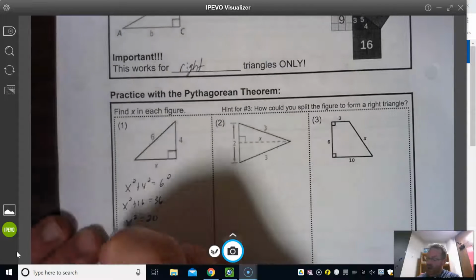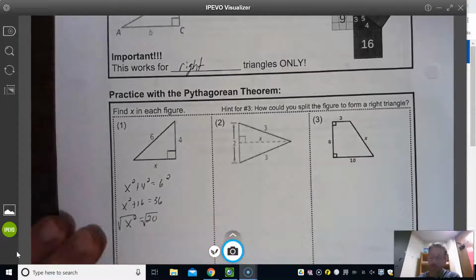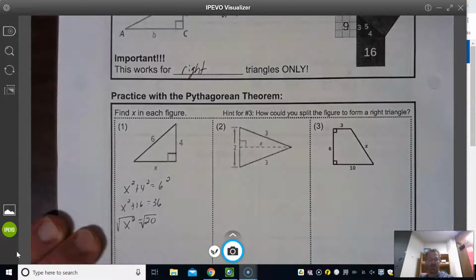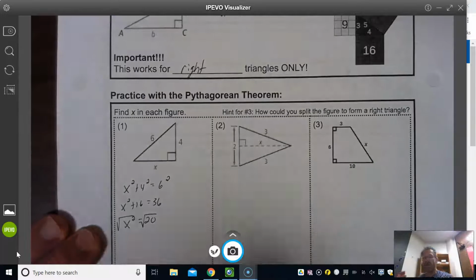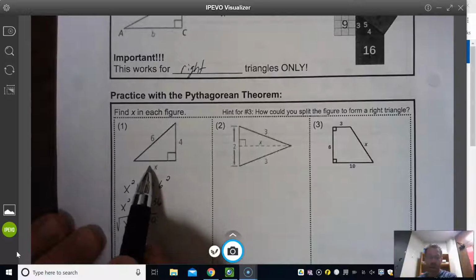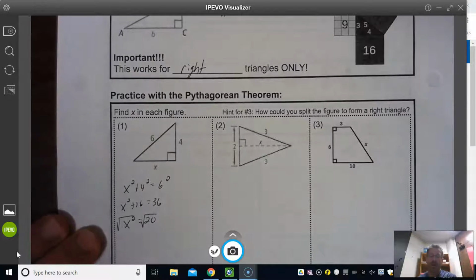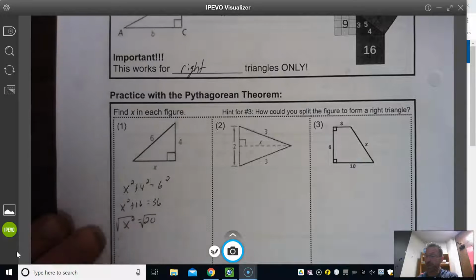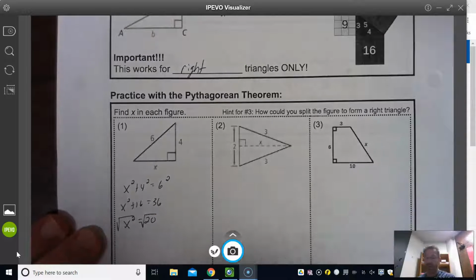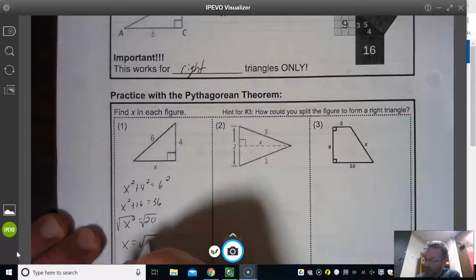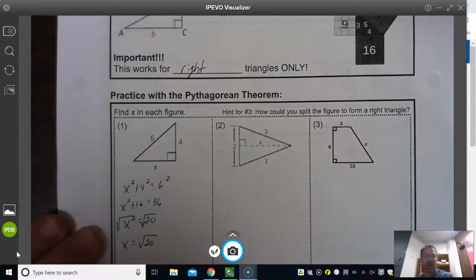Now I'm going to take the square root of both sides. Typically when we solve, we would get a positive root and a negative root. But because we're working with a triangle and finding a side length, we assume we're only working with the positive root. That's a little bit different than solving a regular equation. We only get the one answer here because we can only have a positive side length.